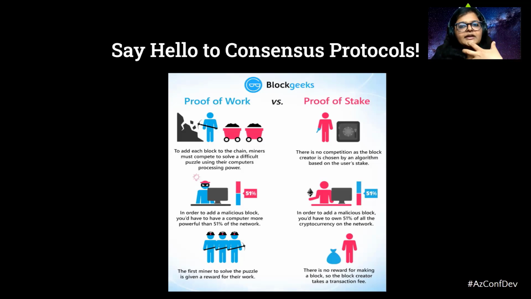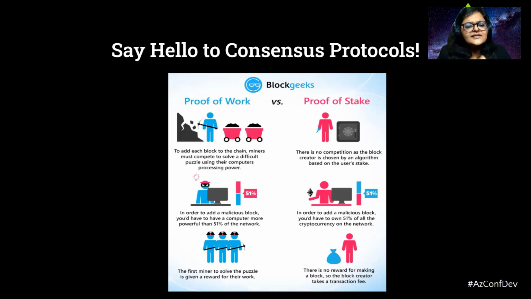When I was showing you the demo, I'm sure you must have noticed that the mined blocks had a particular hash and the hash had a pattern associated with it. If you saw, there was a hash that had 4 zeros at the start and then some sort of string. Now, that is an example of a problem that a miner needs to solve. For example, generate a hash which starts with 4 zeros.